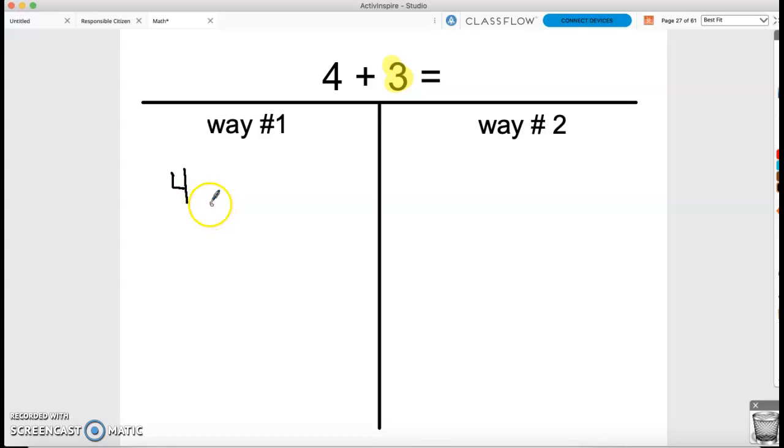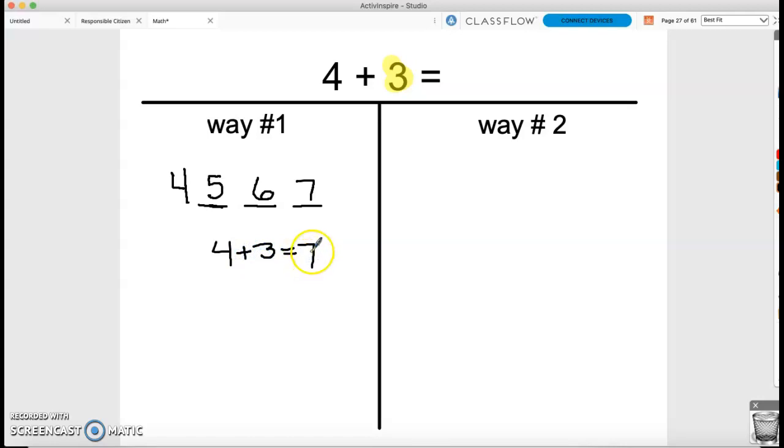I'm going to count on 3. So I start at 4 and I count 5, 6, 7. So I know that 4 plus 3 equals 7.